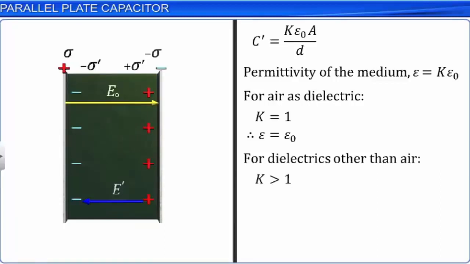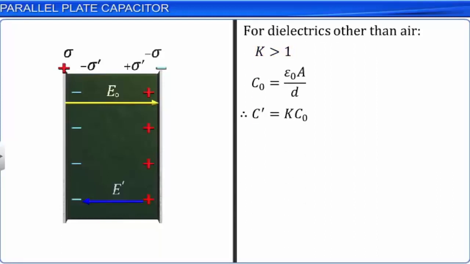The dielectric constant K of the medium is defined as the ratio of the permittivity of the medium epsilon to the permittivity of free space epsilon naught. We know that C naught is equal to epsilon naught A by d. Hence, we can write C dash equal to K C naught. Since K is greater than 1 for any medium other than air, we have C dash greater than C naught.